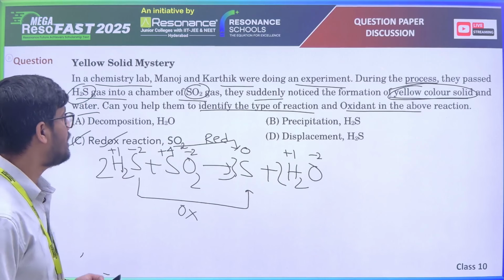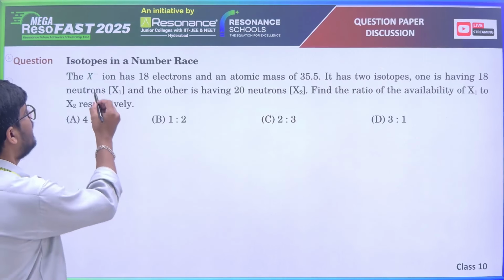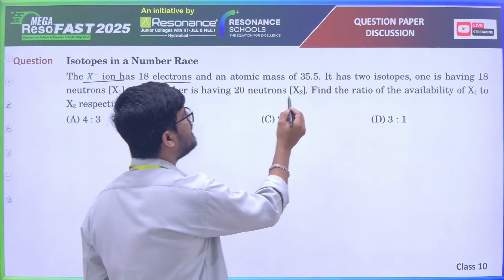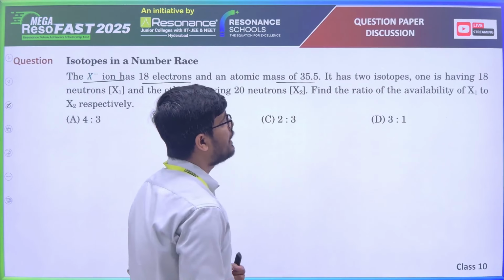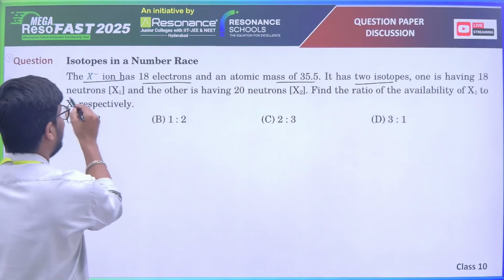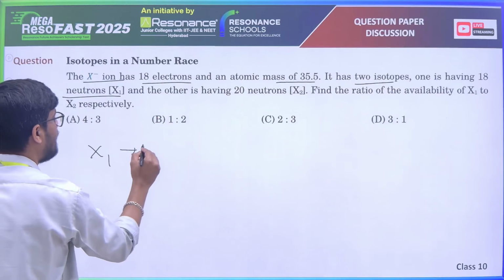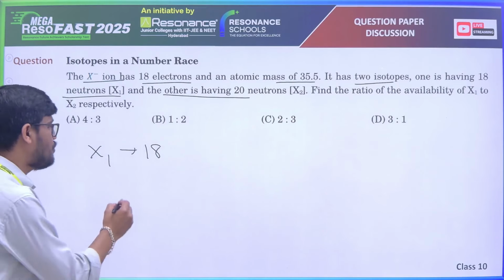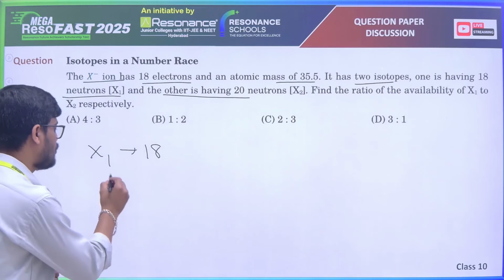Now come to our next question. The X- ion has 18 electrons and an atomic mass of 35.5. It has two isotopes. One is having 18 neutrons, X1, and the other is having 20 neutrons, so X2 is having 20 neutrons.